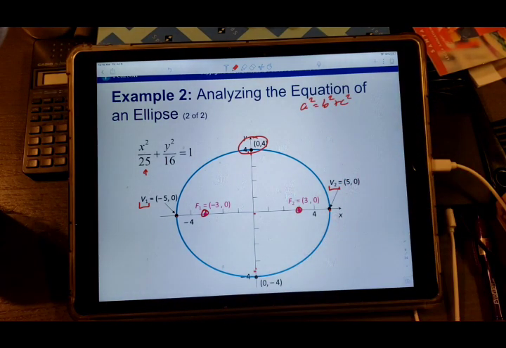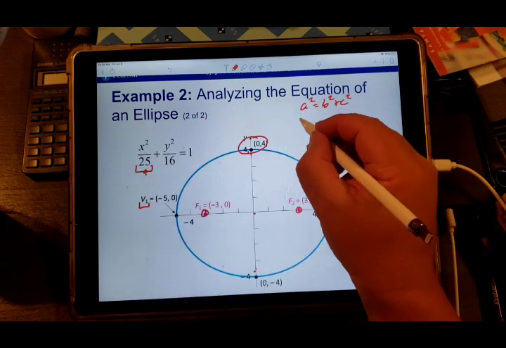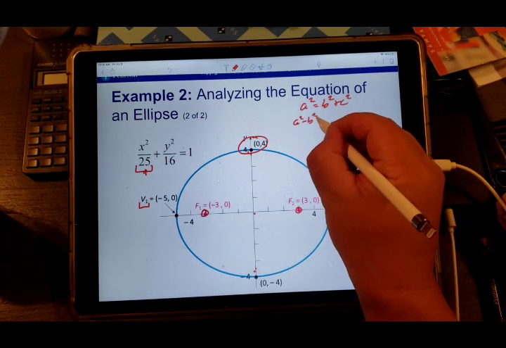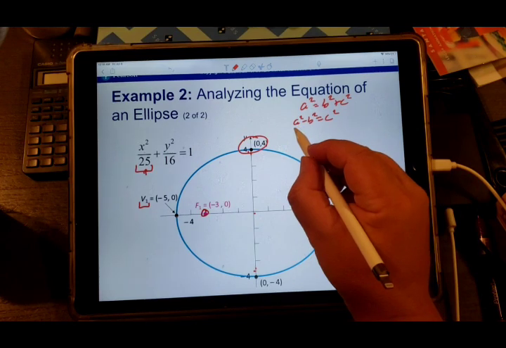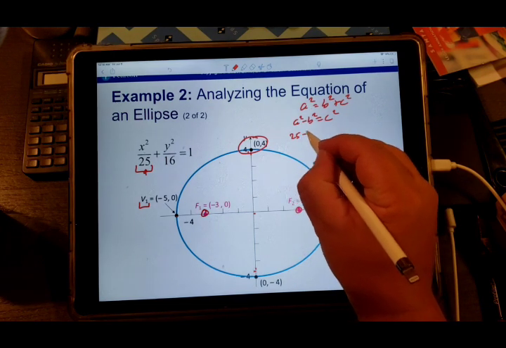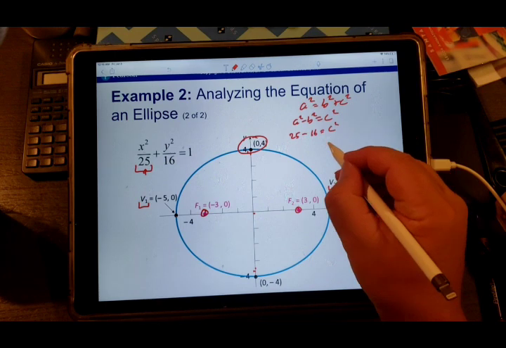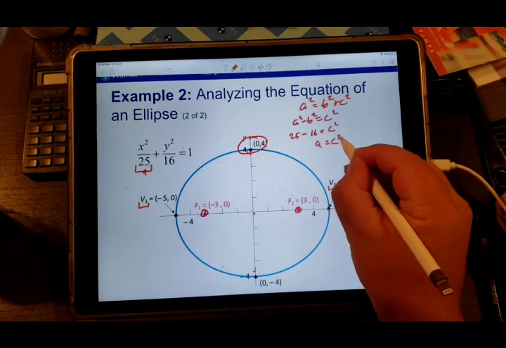At least I'm going to write it this way. I know that A is the bigger one. So I get A squared minus B squared equals C squared. And let's substitute it. I already know what A squared is. I mean, I don't even need to think about what A is. A squared is 25. B squared is 16. And that equals C squared. So 9 equals C squared.